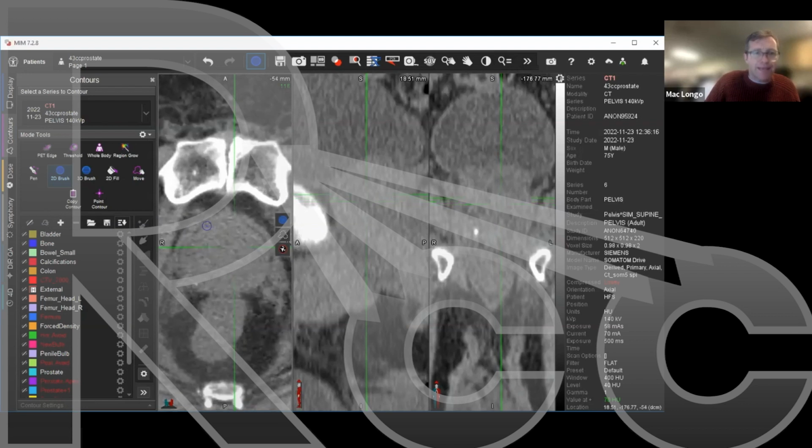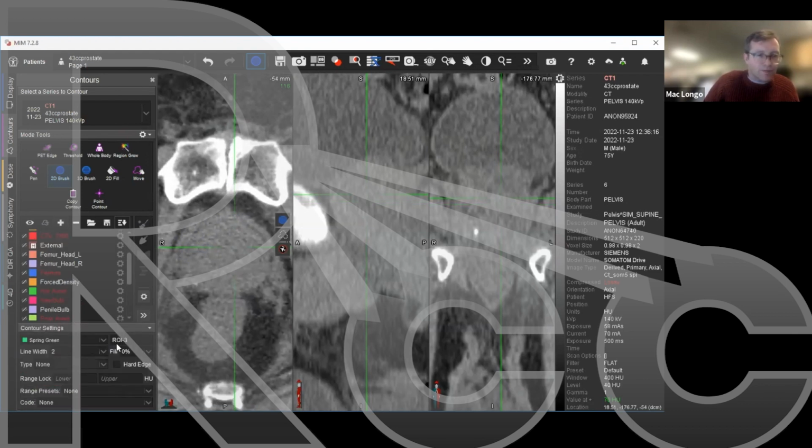And as men age and their prostate gets bigger, that anterior fibromuscular stroma is often obliterated. So I'm just going to show you where the anterior fascia is, which is not prostate, and because of that, does not need to be contoured. We can actually see it here.